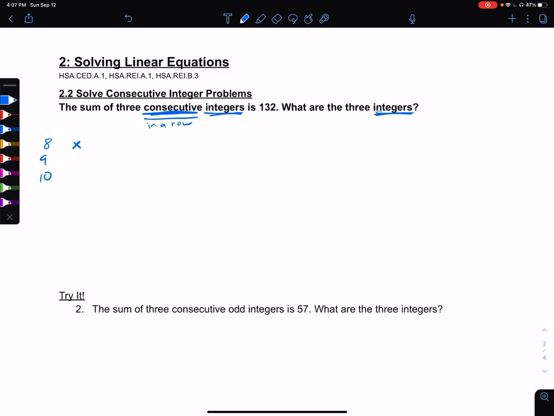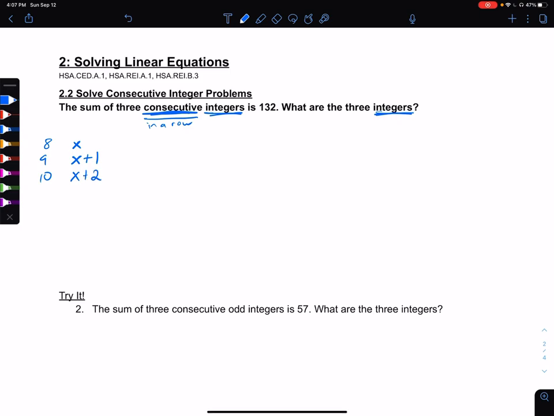To get from 8 to 9, I would take that x value and add 1 to it. And if I wanted to go from 8 to 10, that third integer in this list, that would be the original 8, or x, plus 2.